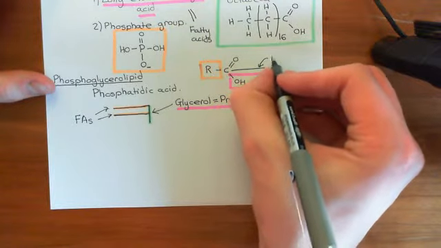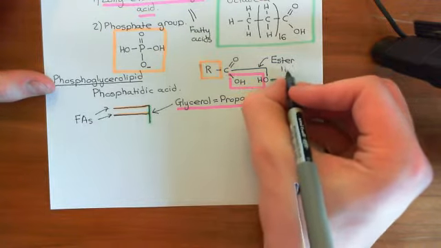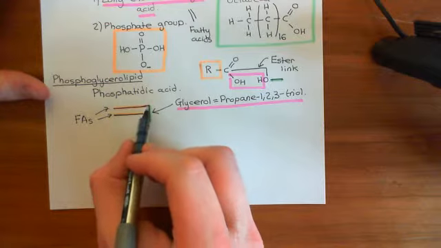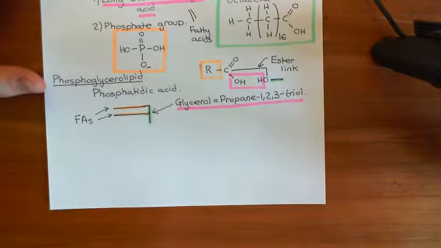This link that we've formed is an ester link. Okay, so that's how we're going to attach these long-chain carboxylic acids to the alcohol groups that come off the first and the second carbons of the glycerol molecule.